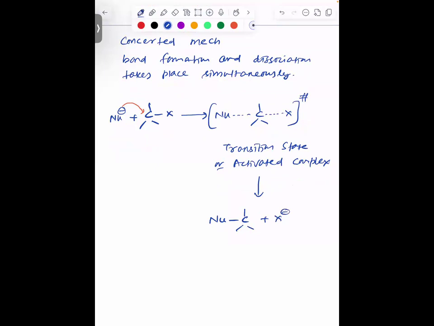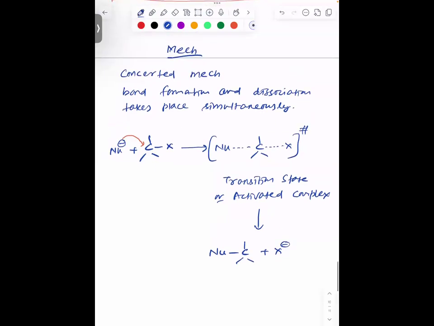So the name is concerted mechanism because both bond formation and dissociation take place simultaneously. Students, note this down.